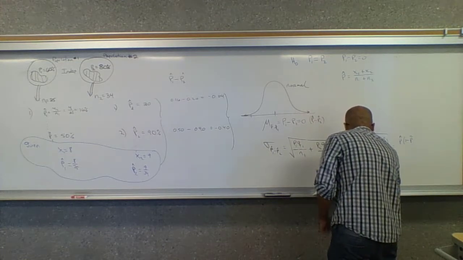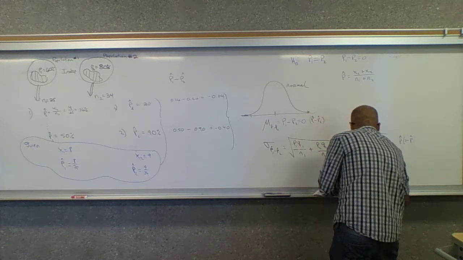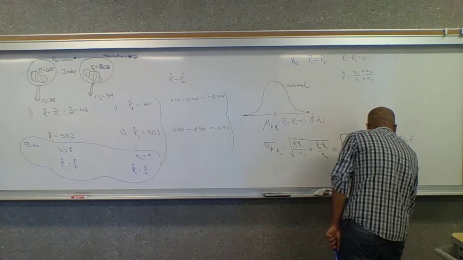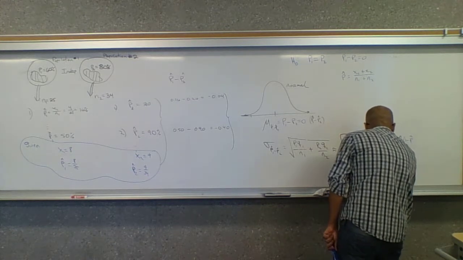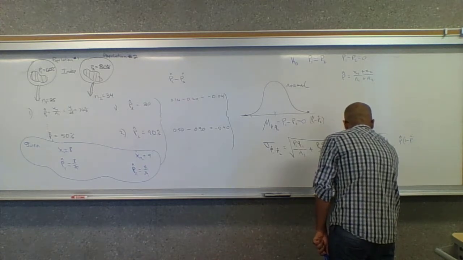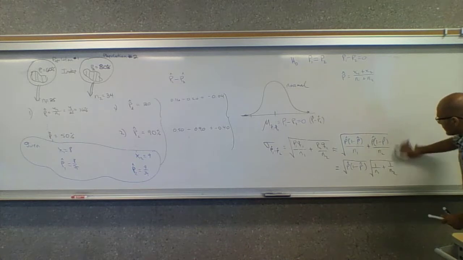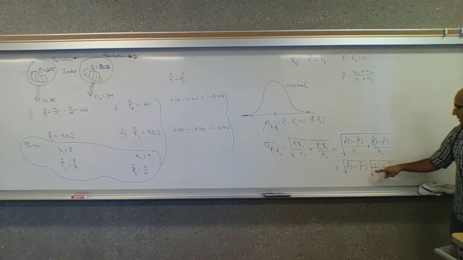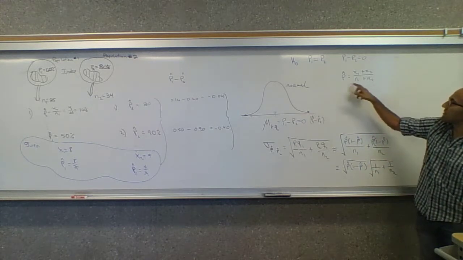It's equal to p hat times 1 minus p hat, times 1 over n sub 1 plus 1 over n sub 2. And that's inside a root. So that's the way the formula is given in the book. It's p hat times 1 minus p hat, times 1 over n1 plus 1 over n2, where the p hats are really these things.